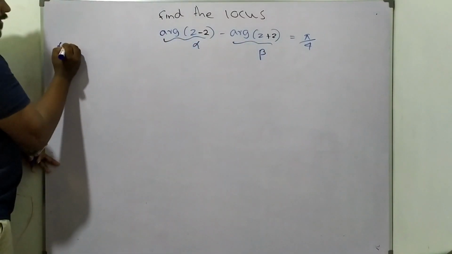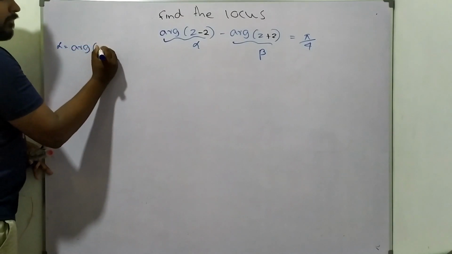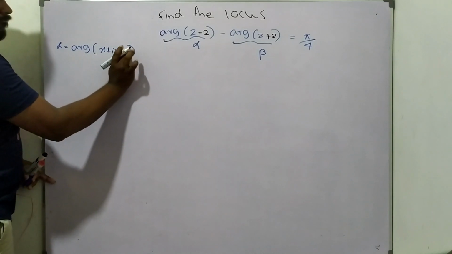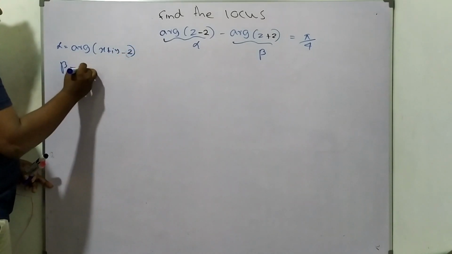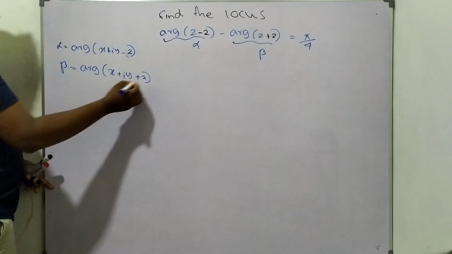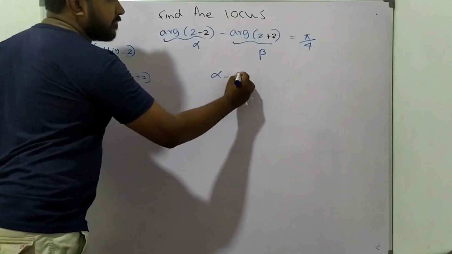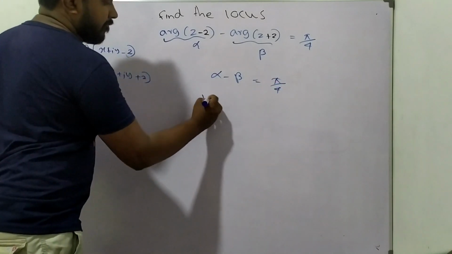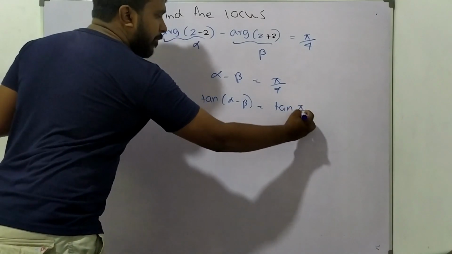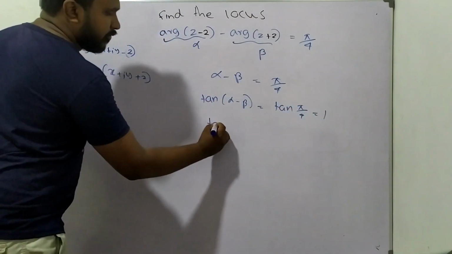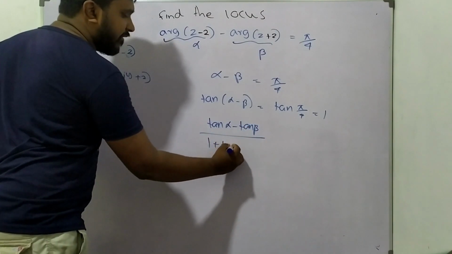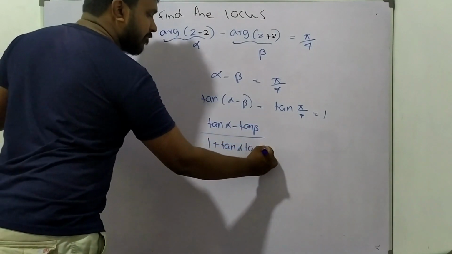So alpha becomes arg(x+iy-2). Beta becomes arg(x+iy+2). Right? Alpha minus beta equals pi by 4. Tan(alpha minus beta) becomes tan pi by 4, which is 1. So it's (tan alpha minus tan beta) over (1 plus tan alpha tan beta) becomes 1.